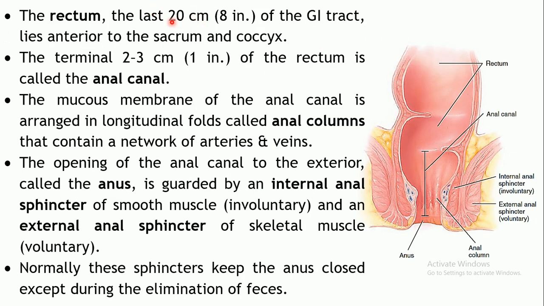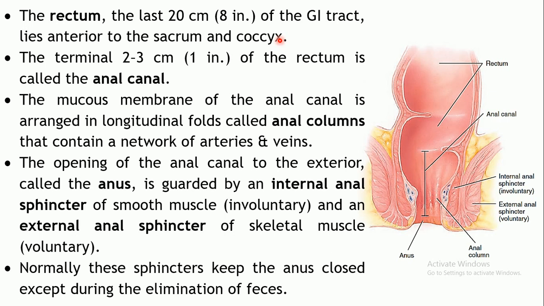The terminal 20 centimeters of the GI tract comprises the rectum, which lies just anterior to the sacrum and the coccyx, the fused bones at the inferior part of your vertebral column. The sacrum has 5 fused bones, and the coccyx comprises 4 fused bones.